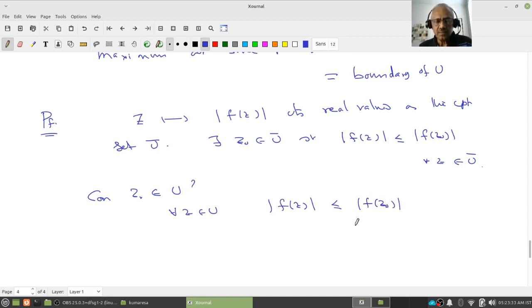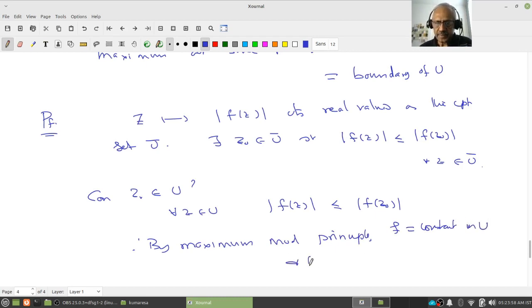That means the modulus of f attains a maximum at z naught, a point of U. Therefore, by the maximum modulus principle, f is a constant on U, and hence f is a constant on U closure.